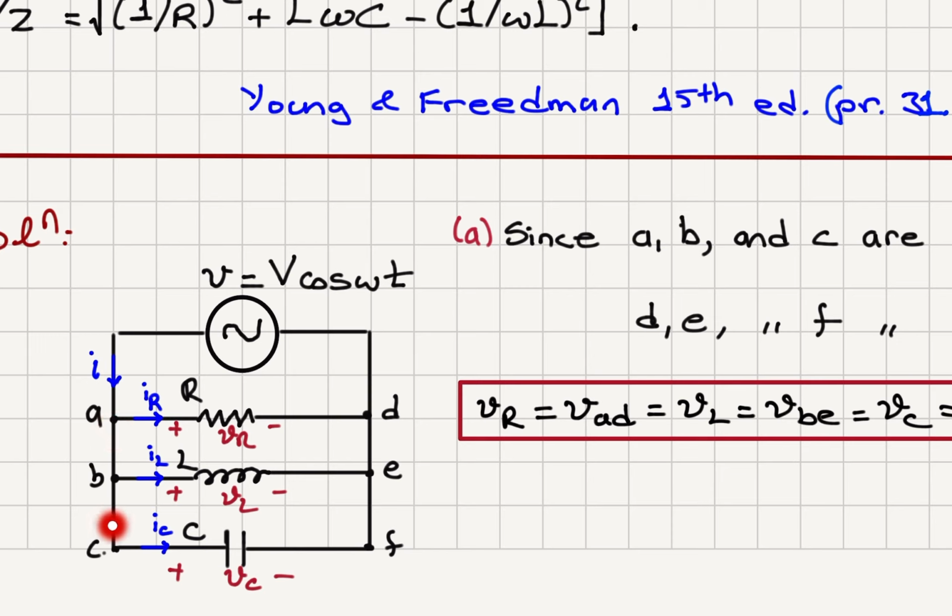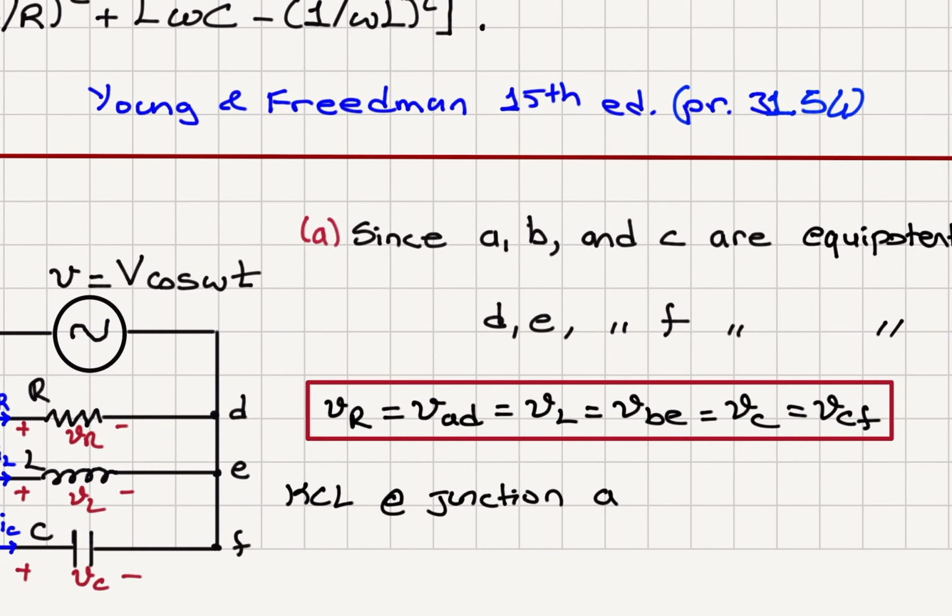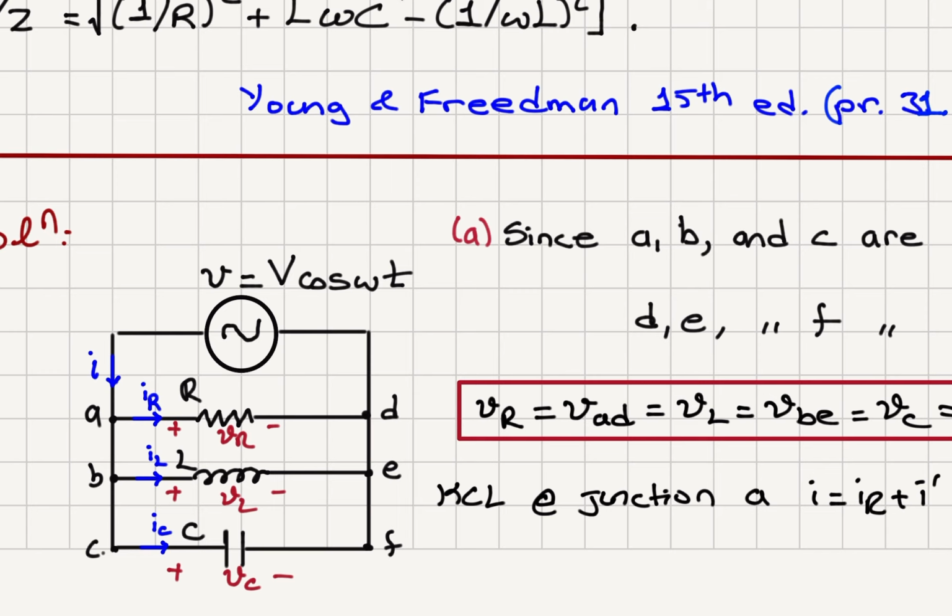So there's I sub L and there's I sub C. Writing Kirchhoff current law at junction A, I see that the incoming current I is equal to I sub R plus I prime, where I prime is this current here.